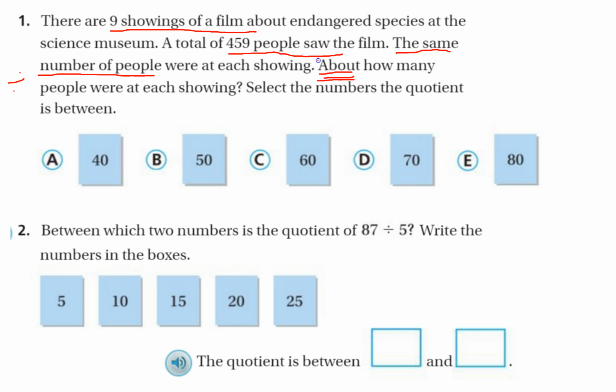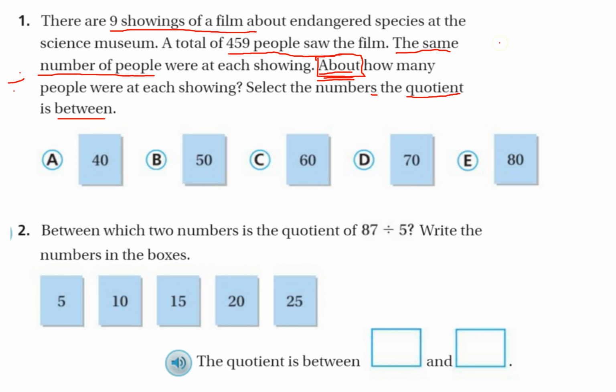So we're finding an estimate, about how many. That key word, about how many, tells us that this is going to be an estimating problem. And then select the numbers. The quotient is just the answer, is between. So select the numbers. There's an S there, so that means there's going to be 2. Select the 2 numbers that the answer is between.